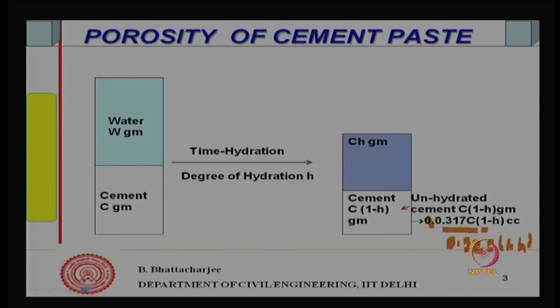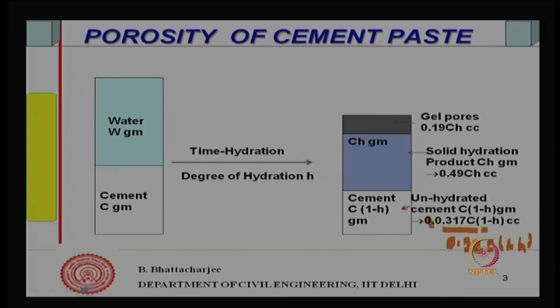CH is the mass of the cement that has reacted, because H is the degree of hydration, the fraction of cement that has reacted. The volume of hydration product we know: for CH grams, it is 0.49 CH cc. The corresponding gel pores are 0.19 CH cc. We derived all this in the last class.